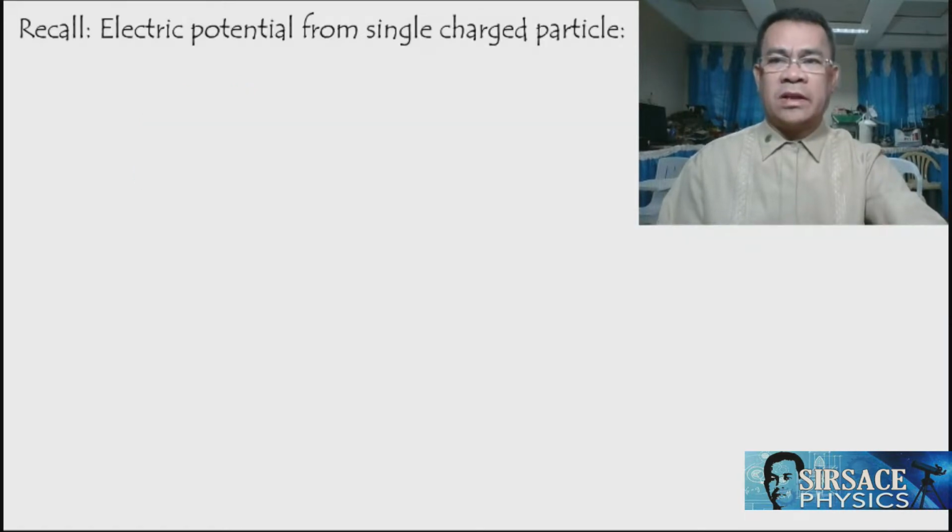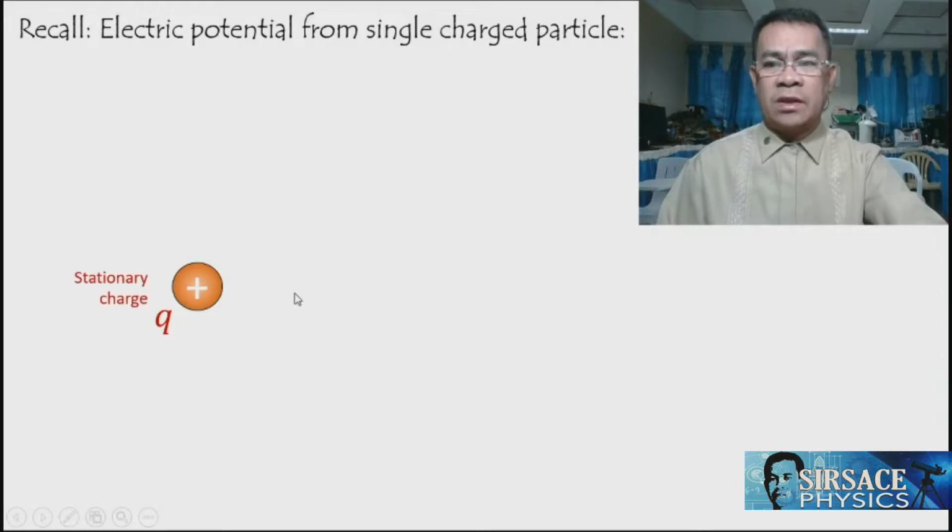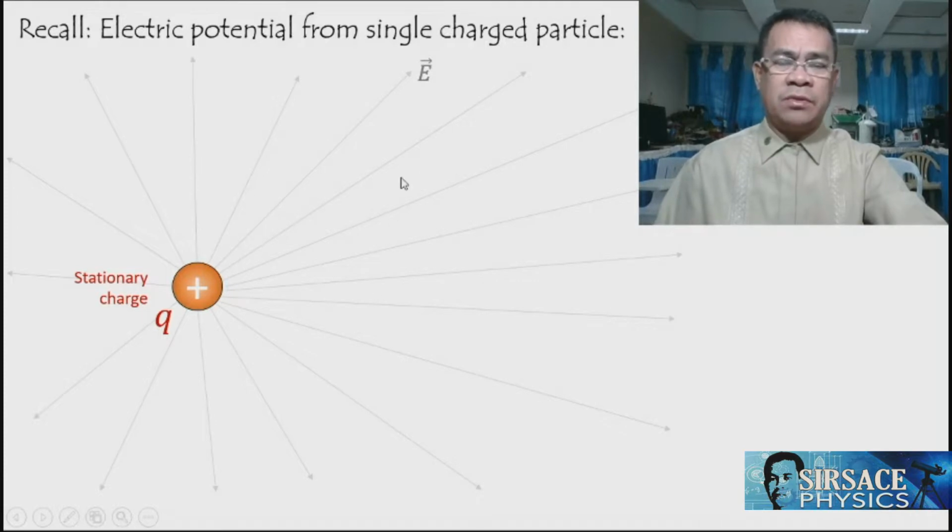Let us first recall the electric potential from a single charged particle. In our previous video, we understood that if we have a positive charge, or it can be a negative charge, in a space where there is no other particle except its charge, and it is stationary, this will produce a charge distribution and form an electric field, just like Earth. The analogy is Earth provides the gravitational acceleration because of its mass.